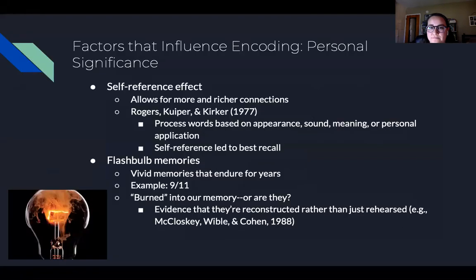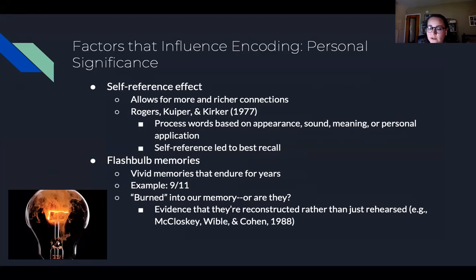All right. A final factor that we're going to talk about that has to do with encoding is how related the information is to us personally. This is called the self-reference effect. Humans are just innately egocentric.